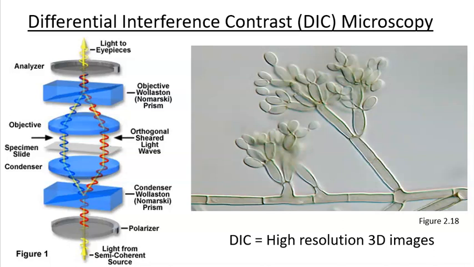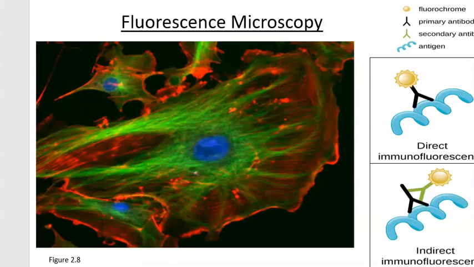Now, people want to be able to look at some of the stuff inside. You can see if there's no stain inside and it's all water, you're not going to see stuff on the inside. And so people came up with a method where you can actually paint specific targets in cells. And that's where we can use fluorescence microscopy. And some cells that are out there are actually going to fluoresce naturally.